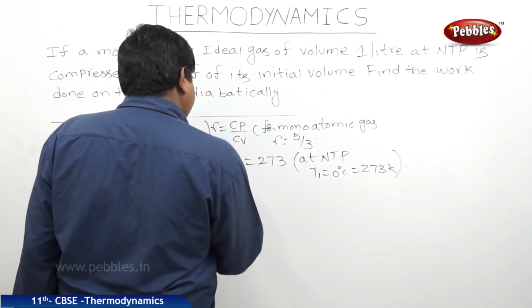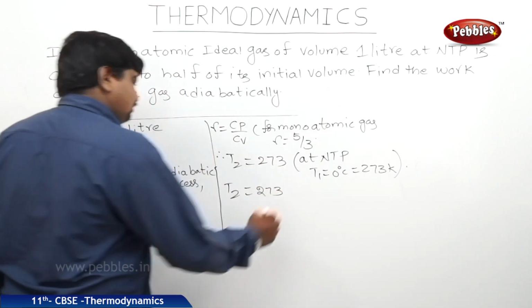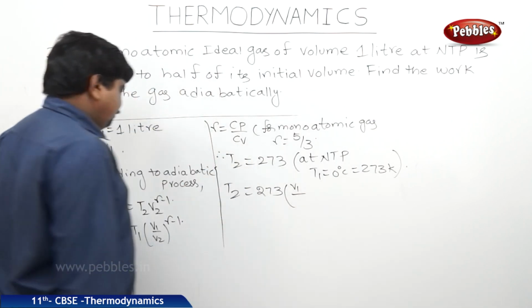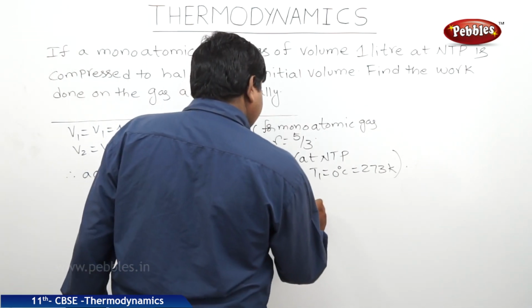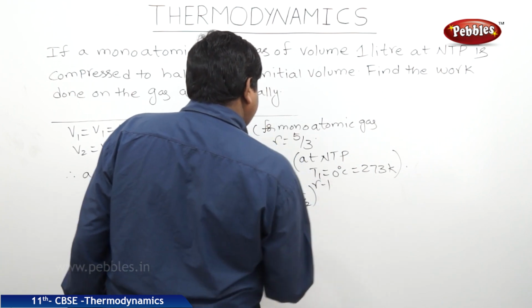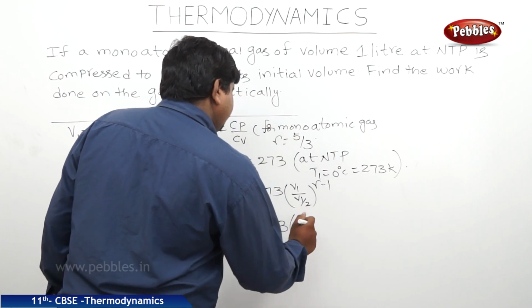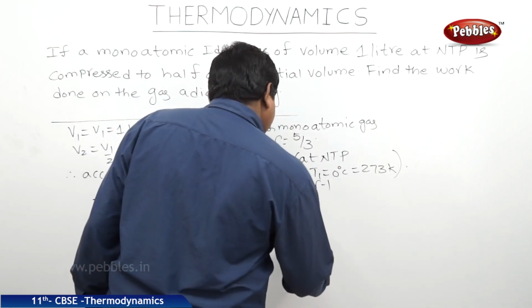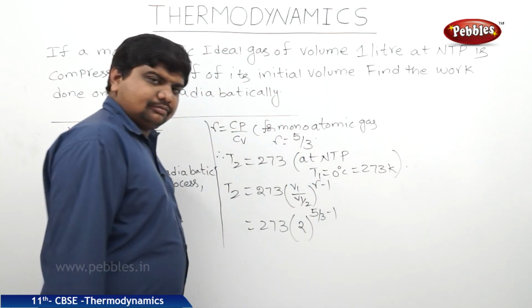Therefore, T2 is equal to T1 273 into V1 by V2, V2 is equal to V1 by 2, whole power gamma minus 1. Therefore, it is 273 into 2V1 by V1, 2 power 5 by 3 minus 1.